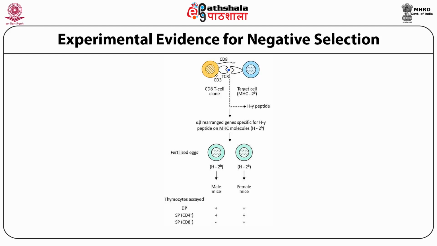So a transgenic mice was generated with alpha beta rearranged gene which is specific for HY peptide on MHC molecule H2B.